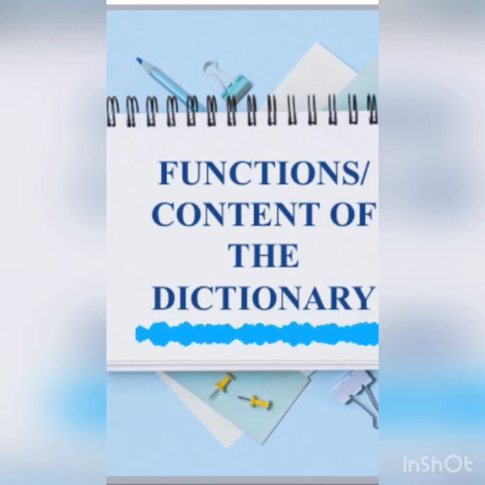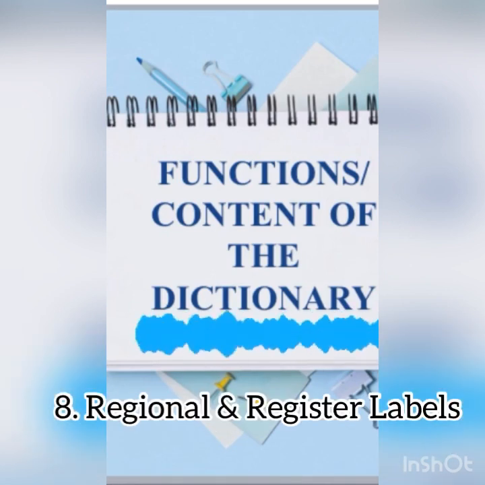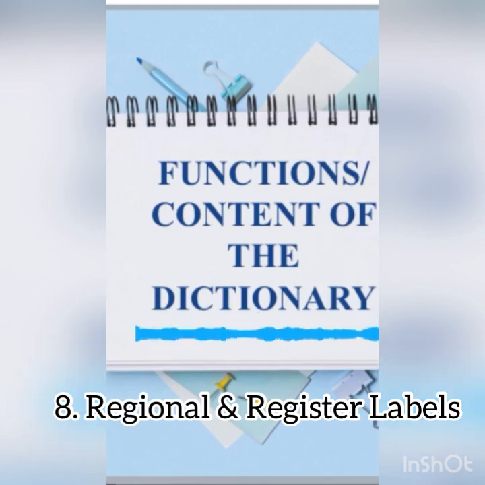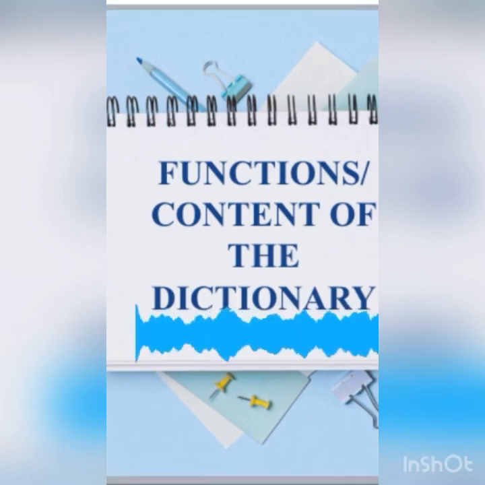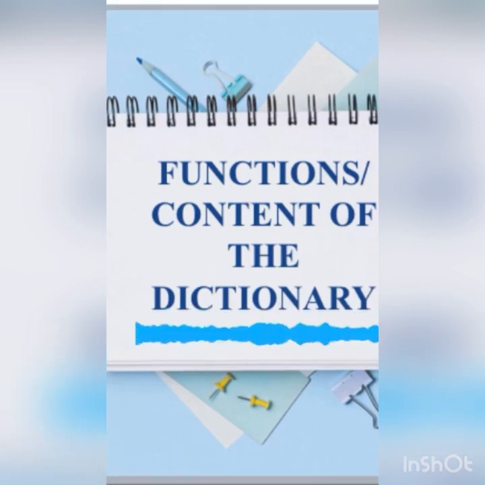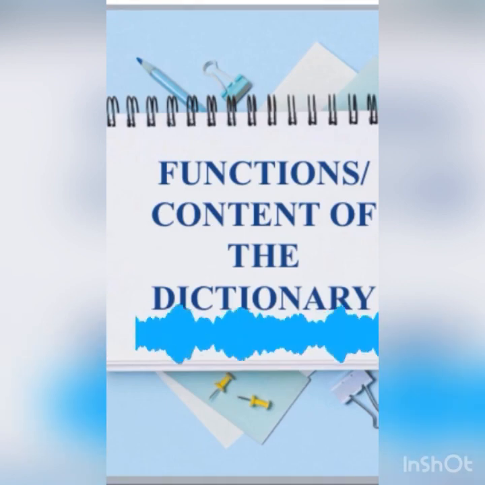Okay, now we move on to regional and register labels. We talked about varieties of English just now when we were talking about spelling, but I would also like to say that in brackets, when you have a word like the program we used, you're going to see BRE in brackets, and that shows that it's British English.